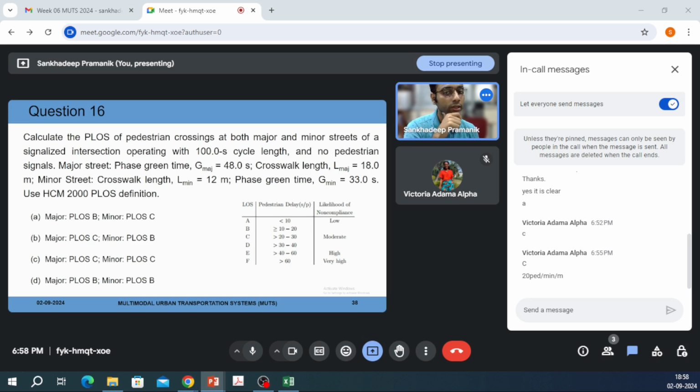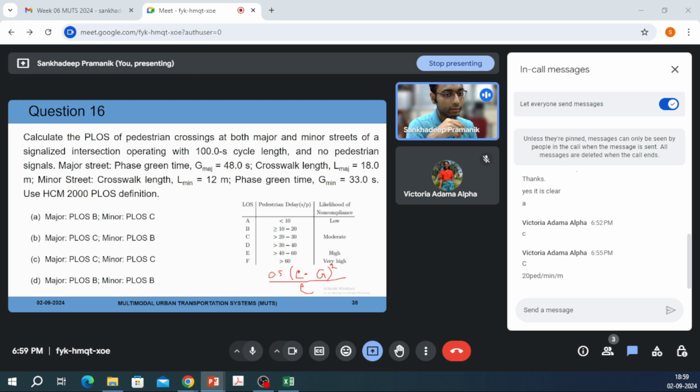So for both the roads you need to calculate the pedestrian level of service for crossing, and the formula that will be used is 0.5 into (C minus the green time for the corresponding case) squared, divided by C, where C is the cycle length.